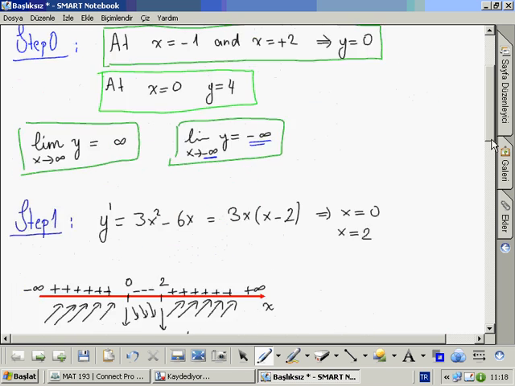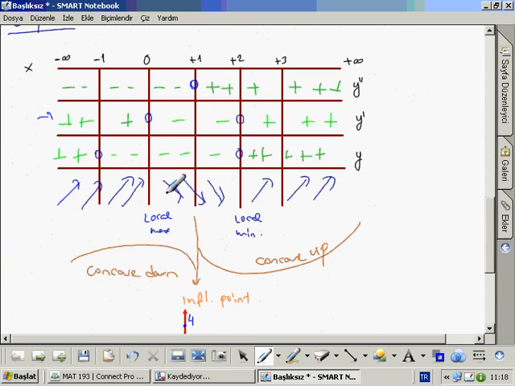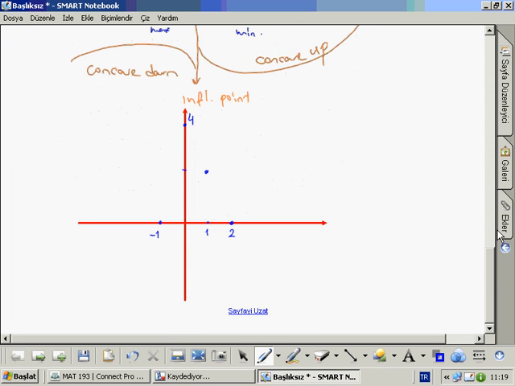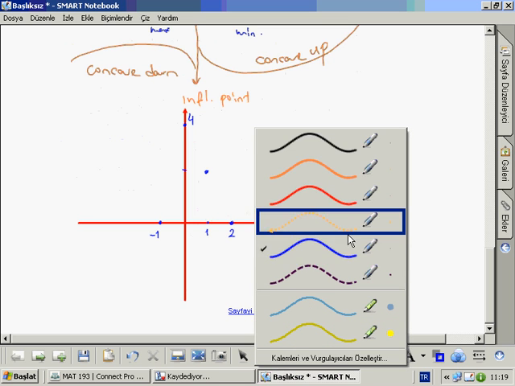So what can we say? It will increase, and when you approach the x equals 0 point, after that it will be decreased.